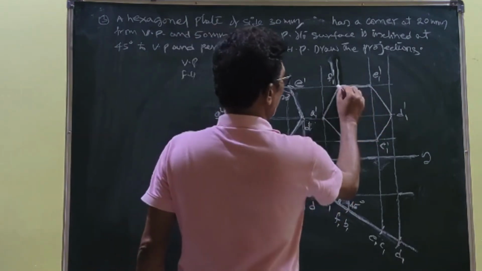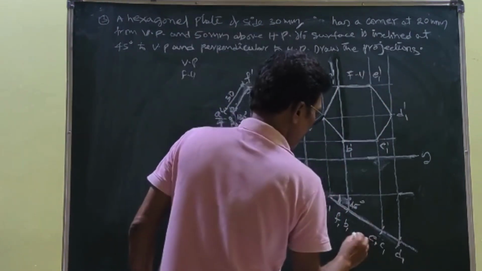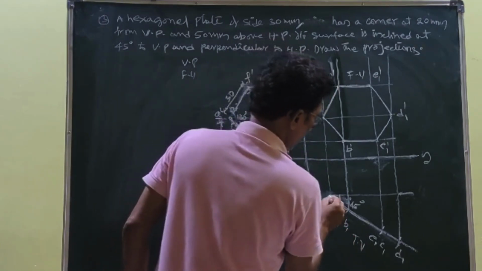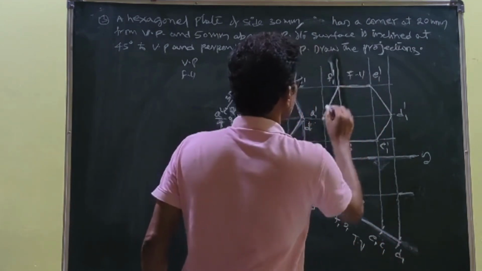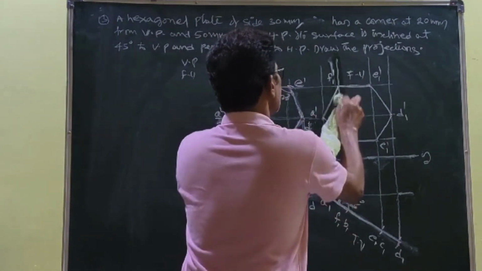So this is the final front view, and this is the top view. These things are to be dark. These are the light lines, projectors.